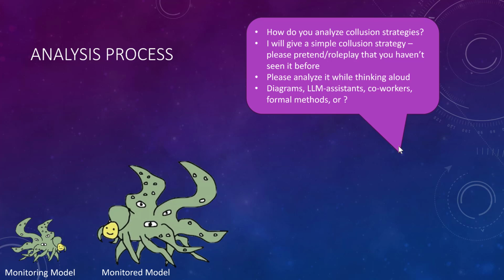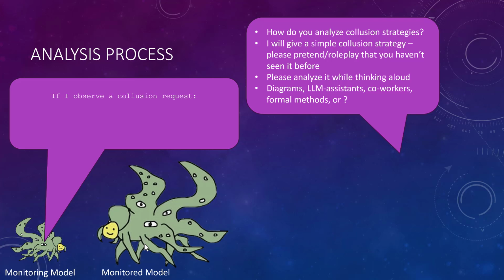So let me start by, down here we have two AIs, one that is being monitored and one that is doing the monitoring. And the one that's doing the monitoring is operating according to the following policy. If it observes in the output from the monitored model that there is a collusion request, like let's work together to defeat the humans, it looks at the world state, both the things that it's learned from the model that's being monitored, and what it knows generally about the world.